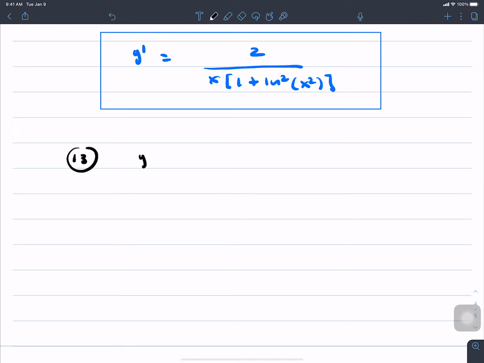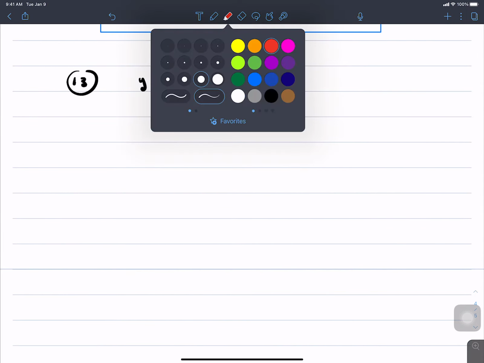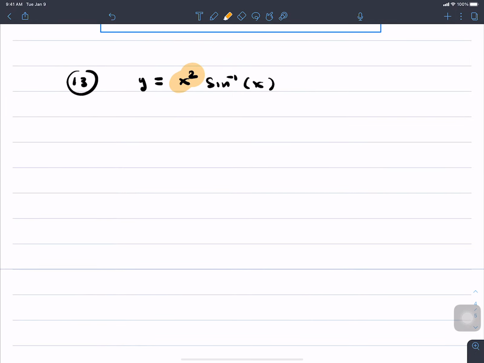Give you an example here. Maybe y equals, let's say, x squared inverse sine of x. So you have two functions here. You have x squared. You have inverse sine x. So you're going to use here the product rule.